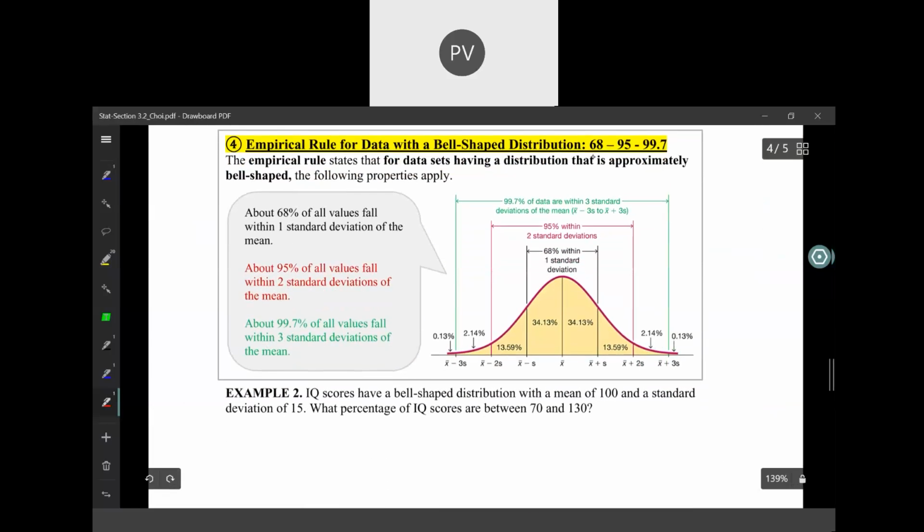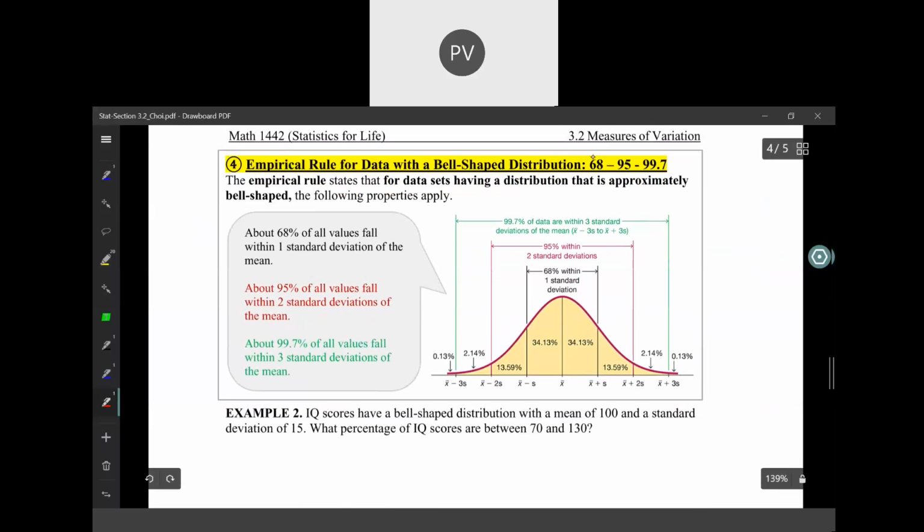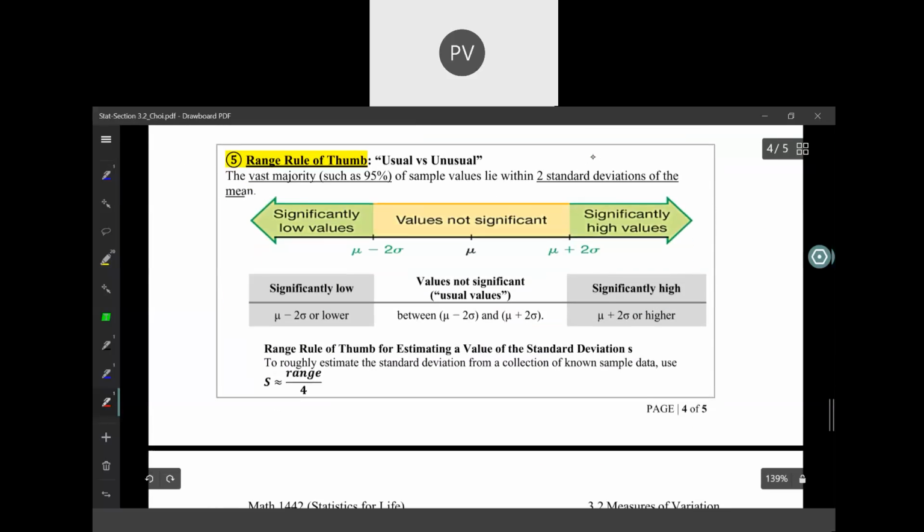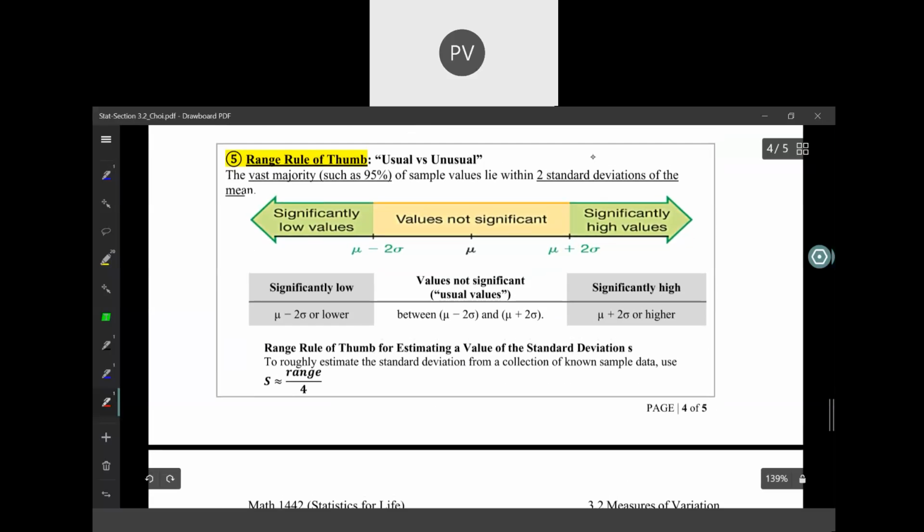Now, before I get here, let's learn this. Range rule of thumb, which means that if the value of a range is given, then you can compute the standard deviation without the data values, without mean.